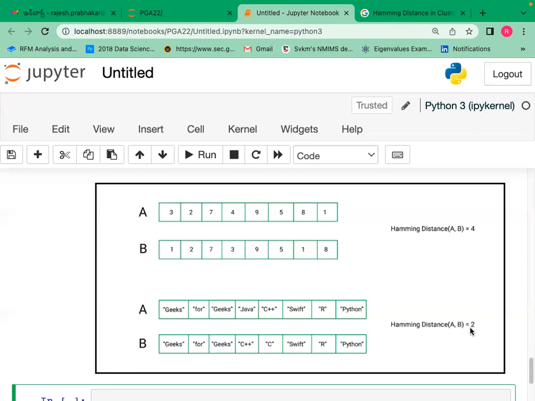It's always better to scale the data before you run any distance algorithm. All right, can I move forward?